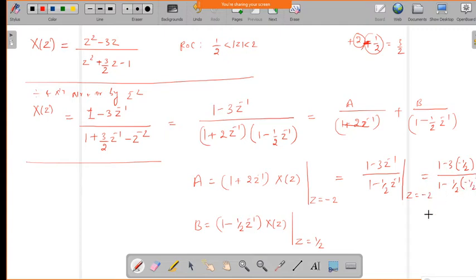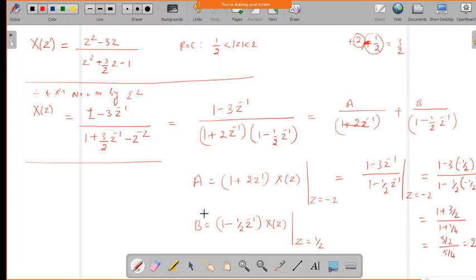So here 1 plus 3 by 2 and there 1 plus 1 by 4, that is 5 by 2 over 5 by 4, which gives 2. So the value of a is 2.